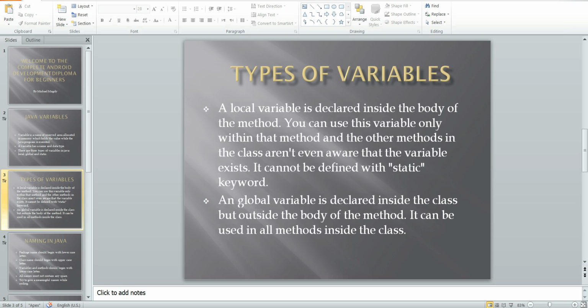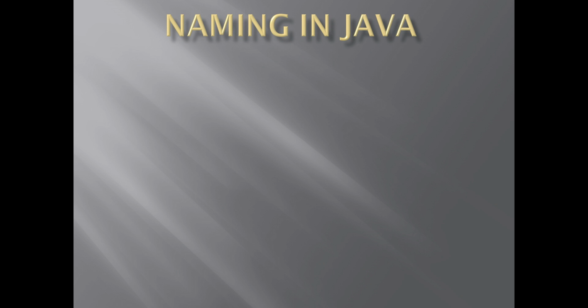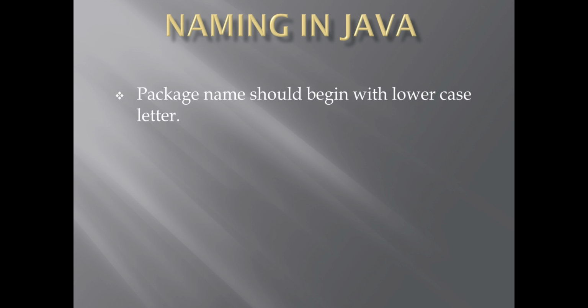One more thing I want to say before we end this video. I want to talk about naming in Java. Naming is to give names while coding. Package names should begin with a lowercase letter. If you don't know what a package is, you can consider it like a folder that consists of multiple classes.